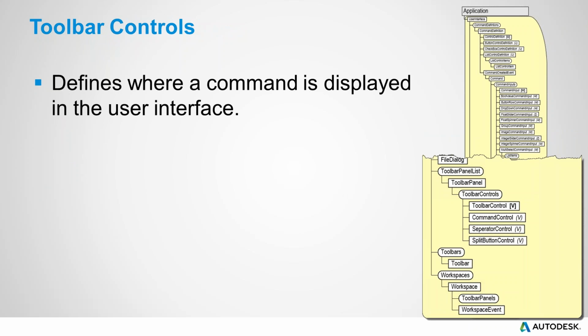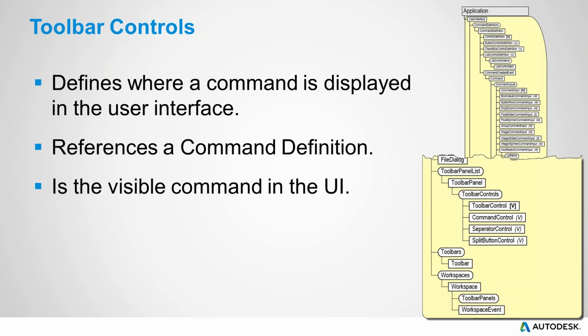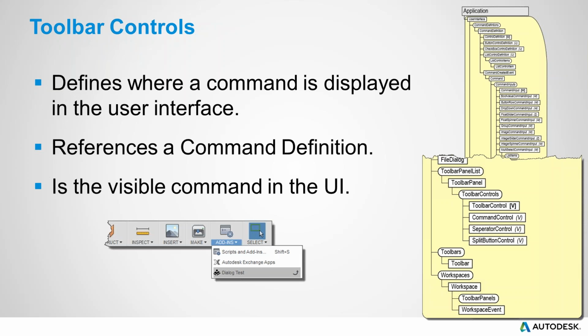So we've got the structure that defines the structure of the user interface, and then you position controls within that structure, and controls reference the command definition. That's where the tooltip and the text, the name of the command, is defined, and the control just picks that up from the command definition. And so it's the control that's visible in the UI.